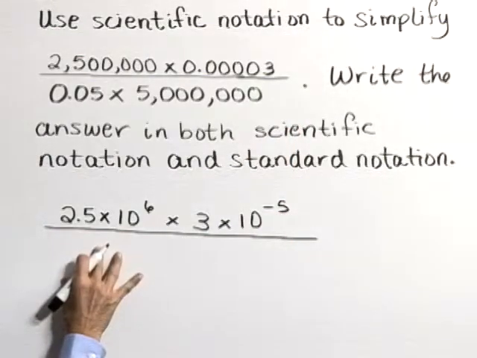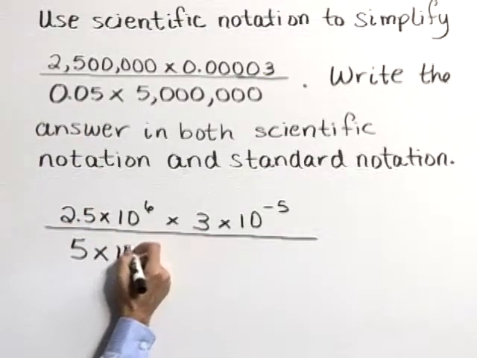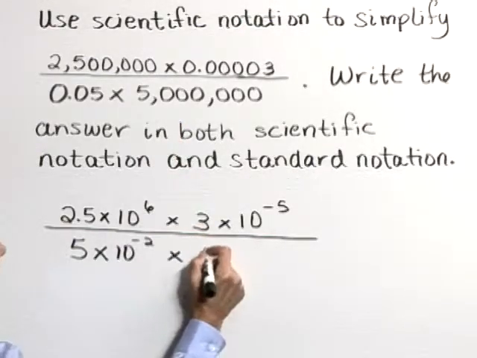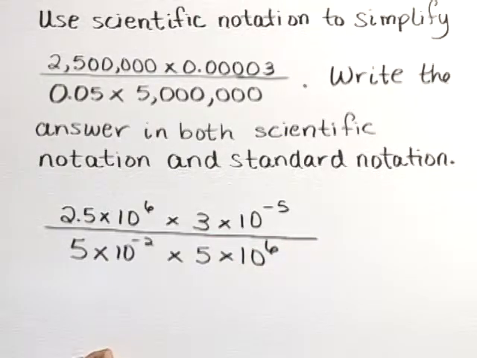In the denominator, 0.05 is 5 times 10 to the negative 2, and 5 million is 5 times 10 to the 6th power.